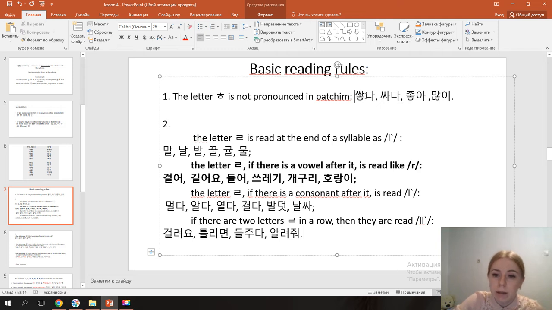And 사다 with H, we read them similarly, but we have to write this H in Pachim, because 사다 is like when you put something on something other. So we don't read this H, but we have to write it down.